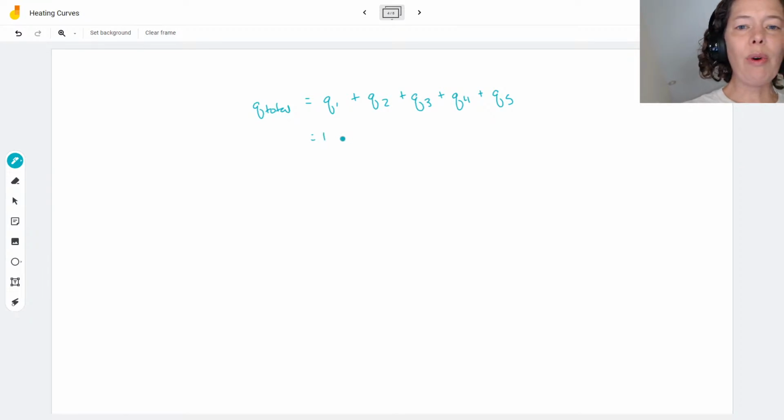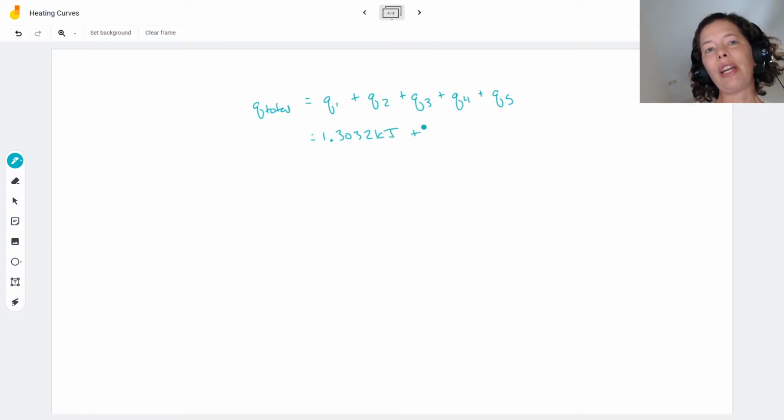So we have 1.3032. Again, remember this is all kilojoules. It's always nice to double check and make sure that you've got the same unit for everything. Again, you can convert everything into joules and add it up. Then you might want to go to scientific notation, which is perfectly valid. Or in this case, I chose to go to kilojoules.